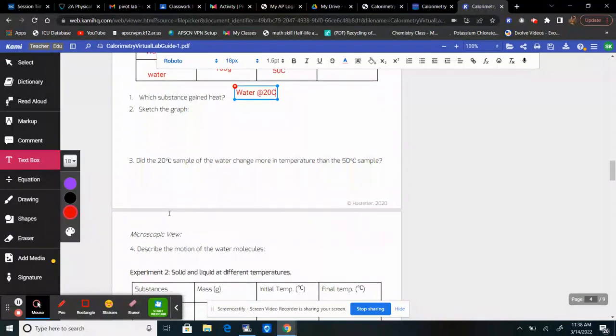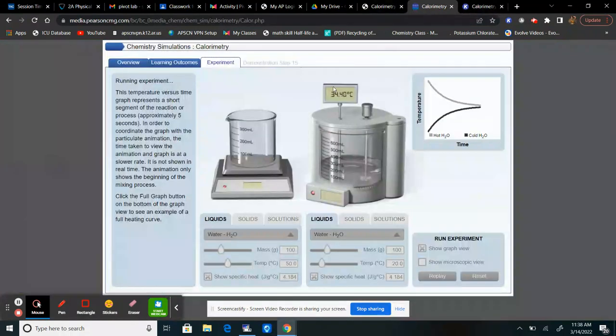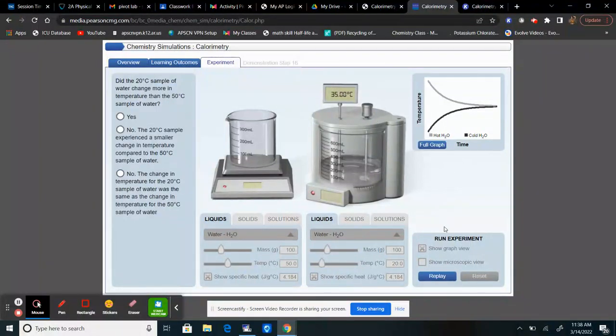All right. So next question was, did the 20-degree sample of water change more in temperature than the 50-degree sample? Well, this particular question is actually best shown while looking at the microscopic view.